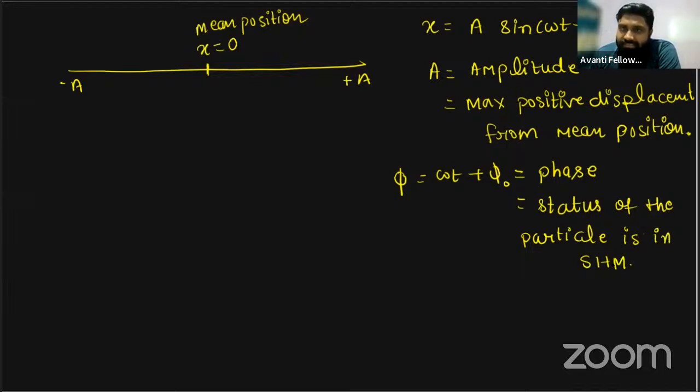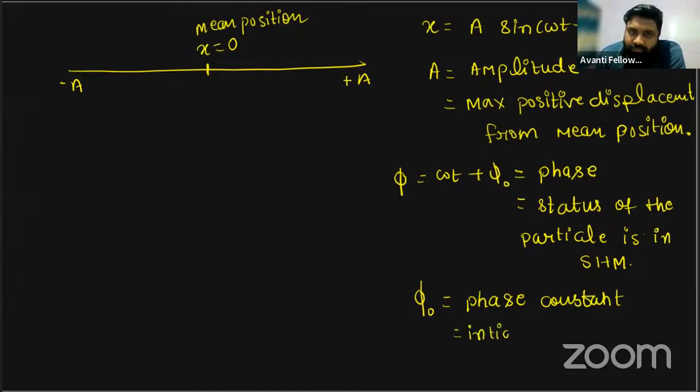So for the particle in SHM, this omega t plus phi naught will tell you about the status of that particle. What is phi naught? Phi naught is the phase constant, and it tells you about the initial conditions, or you can say at t equals 0. So at t equals 0, where the particle is, that is told by this phi naught, which is the phase constant here.